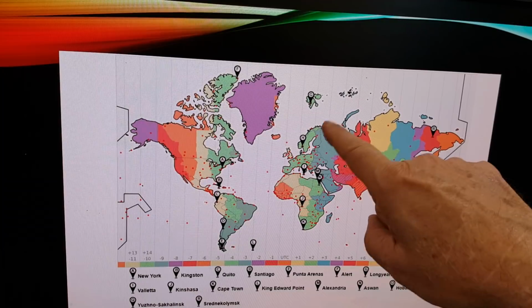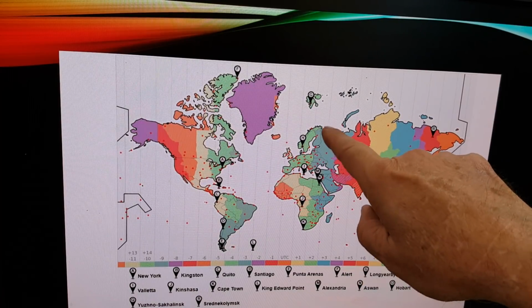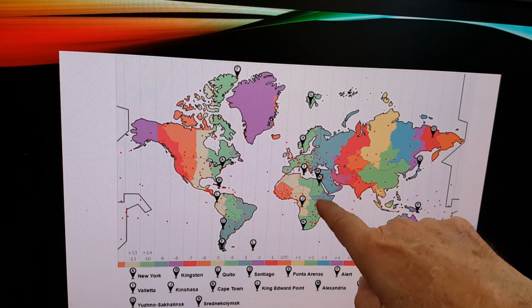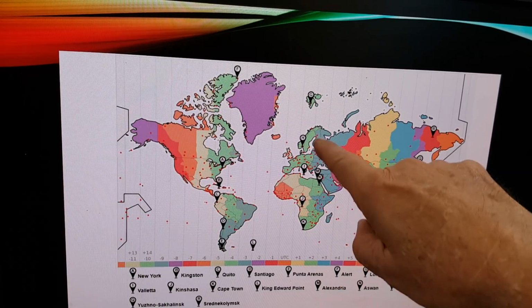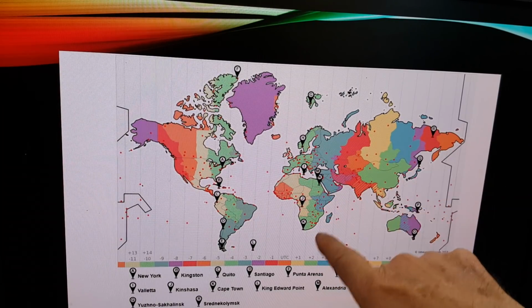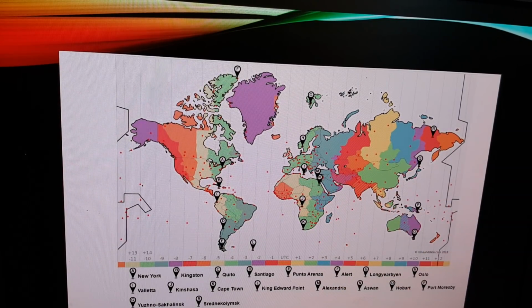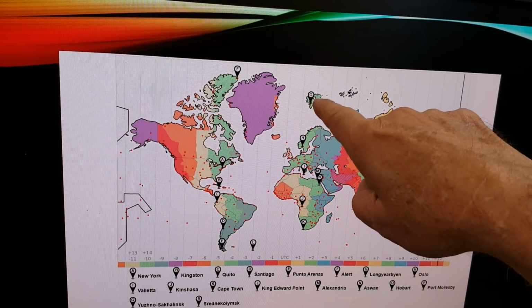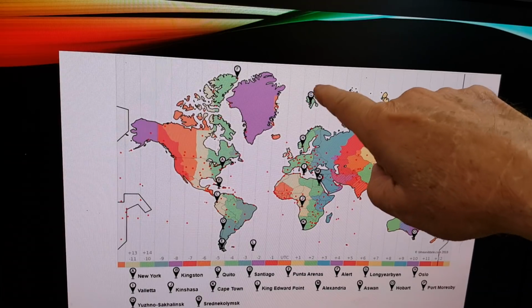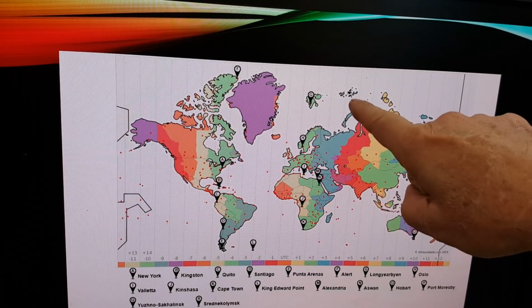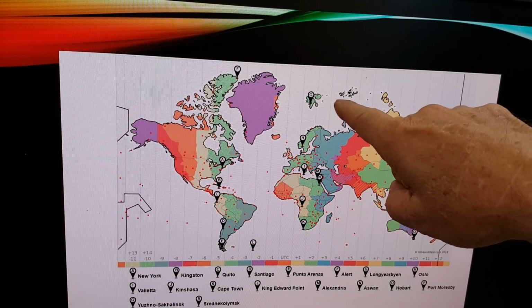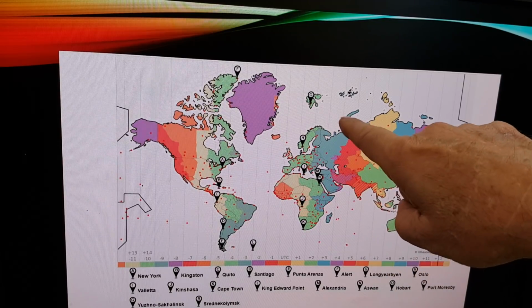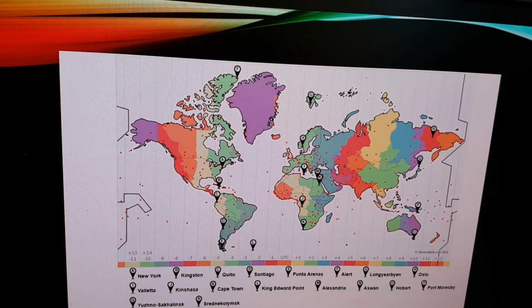Then I have cities here in Europe and Africa. Starting up here with Longyearbyen, up here, Oslo, and so forth.